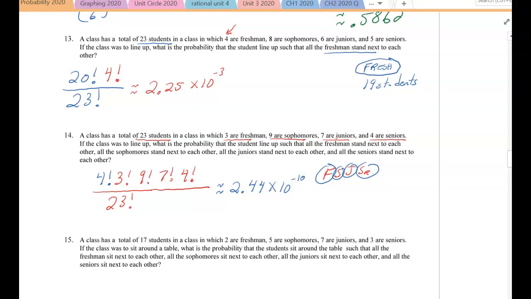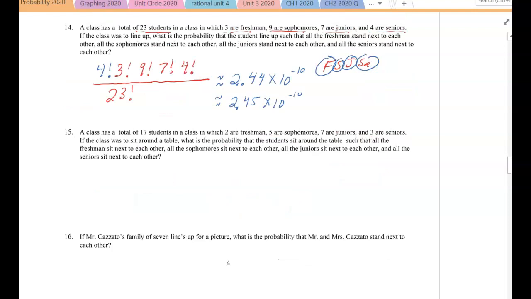I guess if you were to round in number 13, you could say 2.26 times 10 to the negative third. And this one here, if you were to round to 2 decimal places, is 2.45 times 10 to the negative 10.